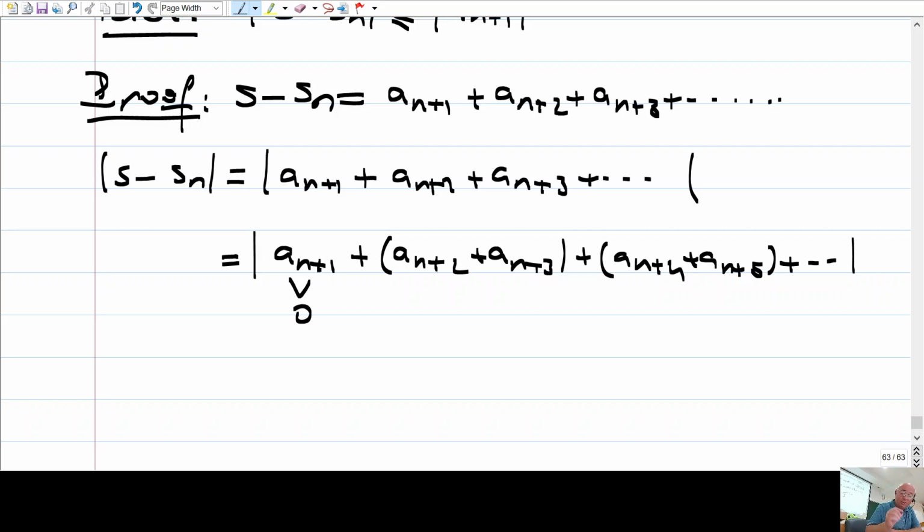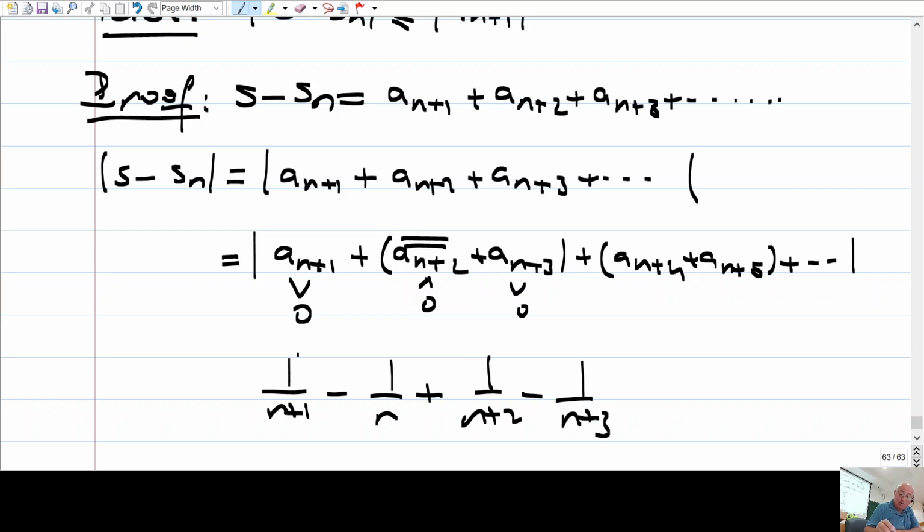But if this is positive, then we know that the next one is negative, and moreover, in absolute value, this is larger than that one. So this is negative, this is positive, but this is bigger in magnitude, therefore this is a negative number.